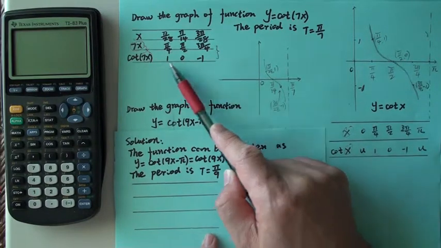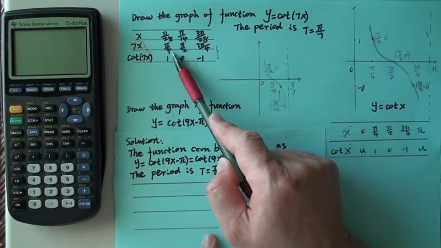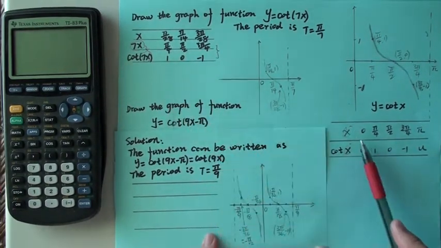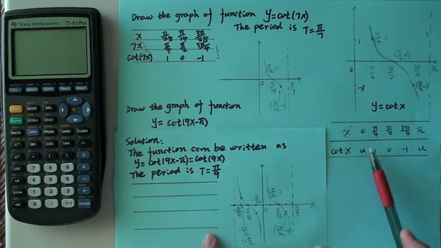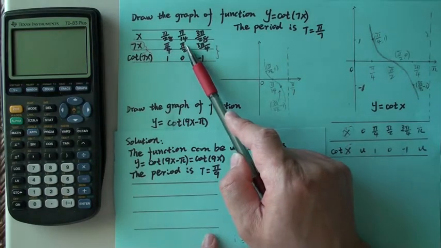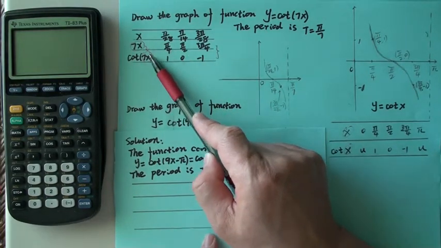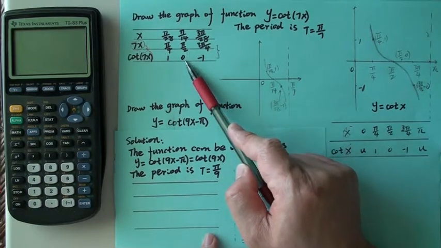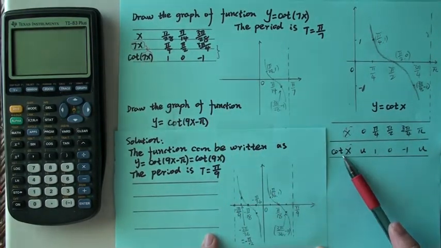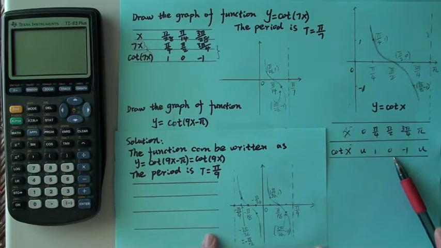And then cotangent pi over 4 is 1. And then cotangent pi over 2, because 7x is pi over 2, is 0.